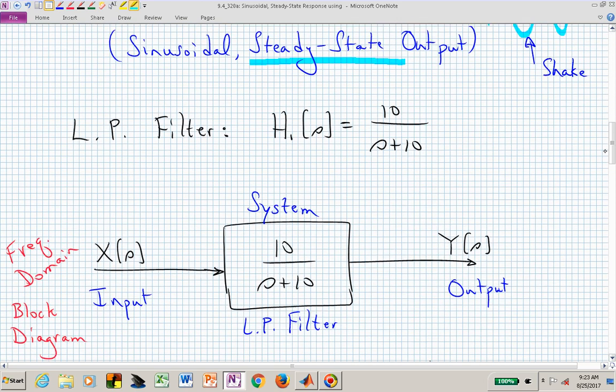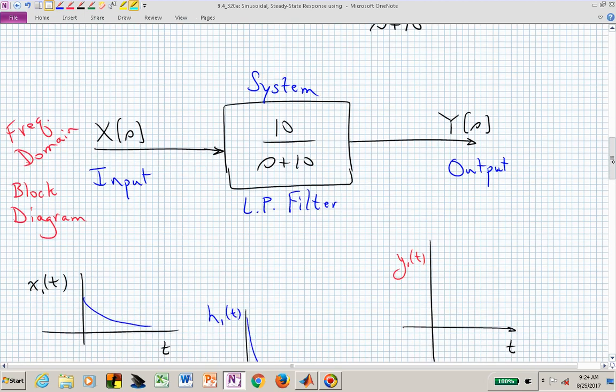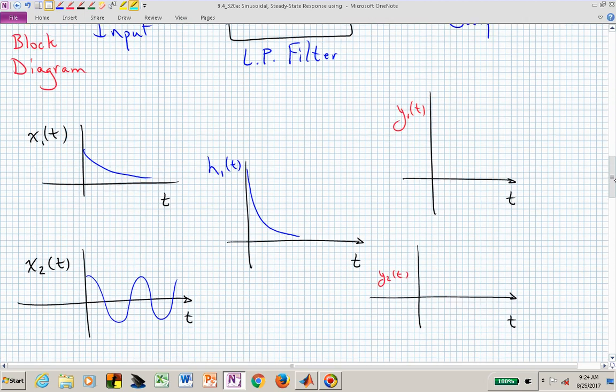Here is our frequency domain block diagram depiction of what we're doing. We're exciting our low-pass filter, a system, with an input, capital X of S in the frequency domain, and producing an output, capital Y of S. Here's what's happening in the time domain.